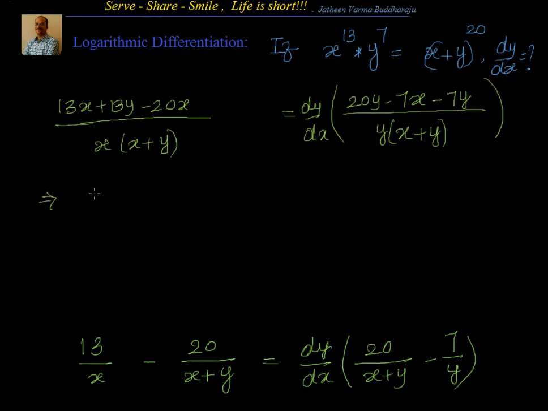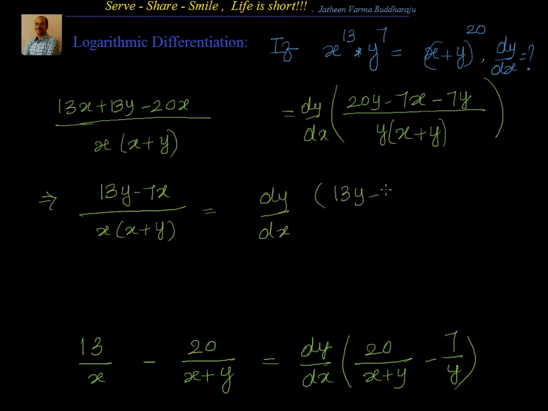If I simplify that, I will have 13y minus 7x divided by x into x plus y, that's equal to dy by dx into 13y minus 7x divided by y into x plus y.